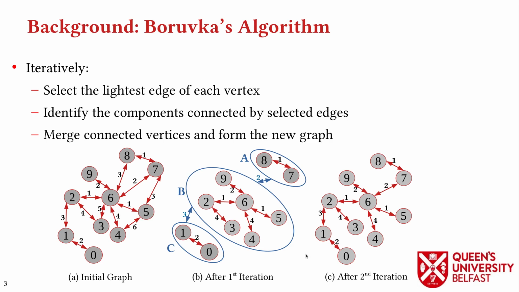This new graph is used in the next iteration, and the process of finding lightest edges and contracting the graph is continued until we have only one vertex for each connected component of the main graph.